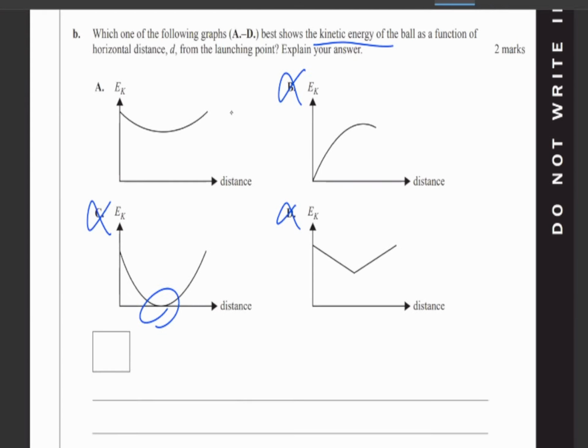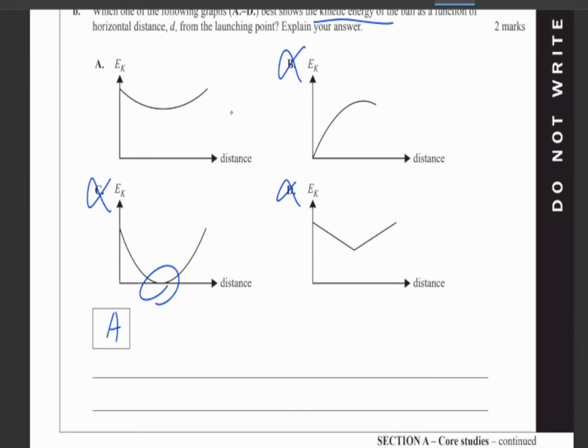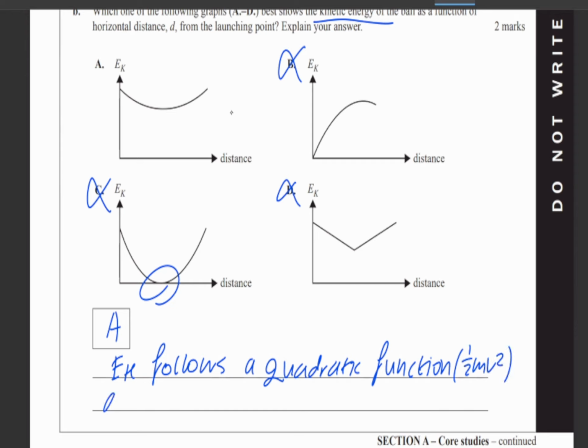So then it has to be A. So then it should correspond to A.